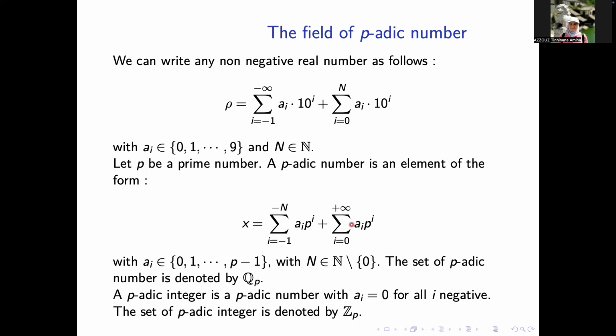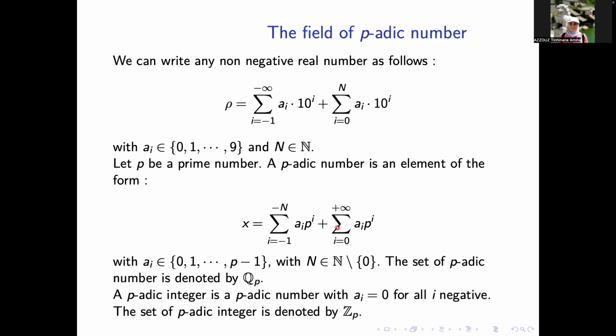Then what is a p-adic number? It is something that we can write in this way, and the coefficients here will be from 0 to p minus 1. But the difference, compared to the real numbers, is that the sum where the power index is positive is not a finite sum, and where the power index is negative, the sum is finite.